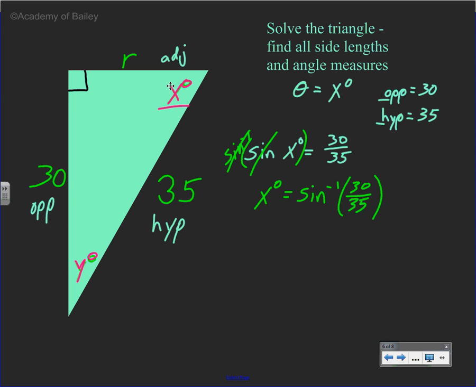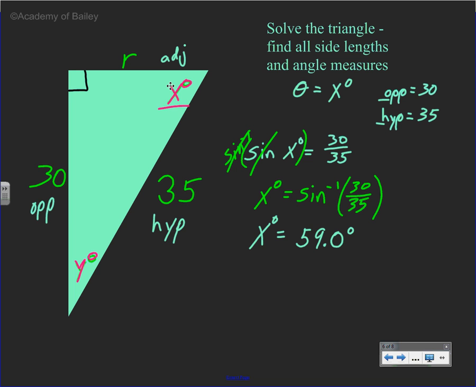So when you go ahead and type that in your calculator, you should be getting something like 59.0 degrees. It was 58.997. I just rounded that up to 59.0.